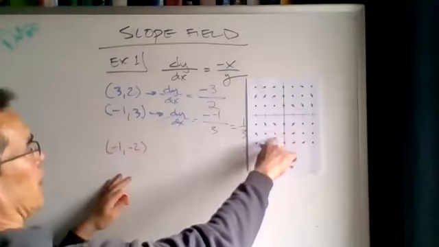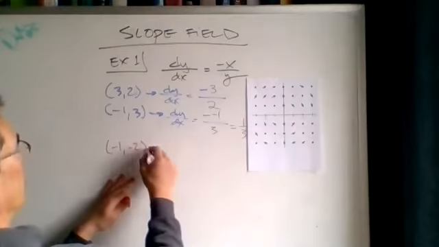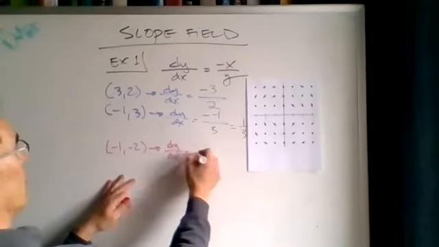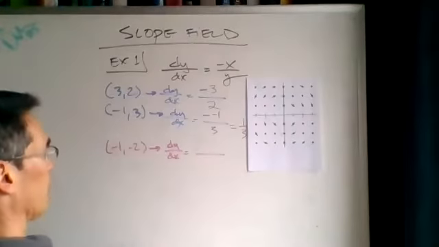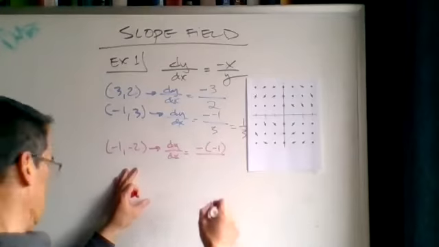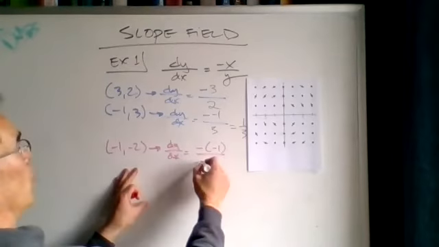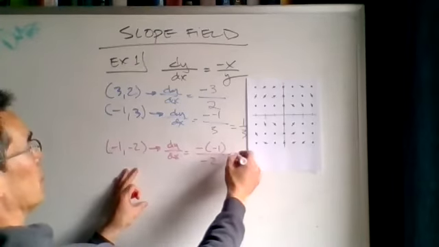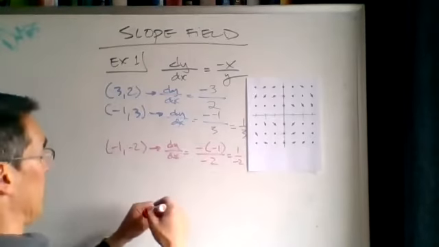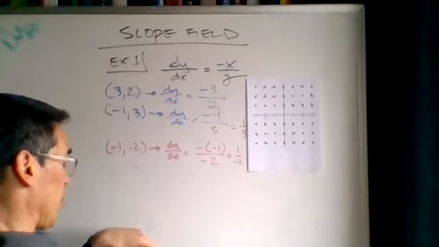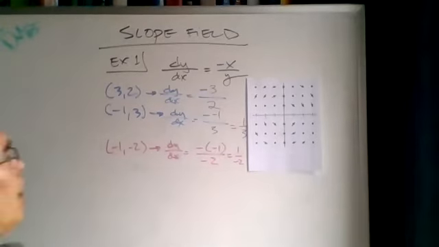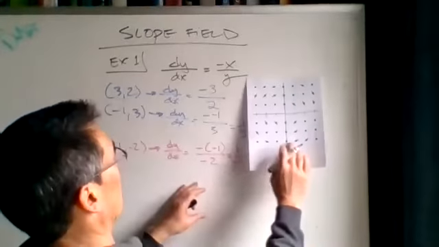That's the X and Y coordinate, so I'm going to plug that in. It's the opposite of -1 over -2, so it's -1/2. So let's draw in the slope -1/2.